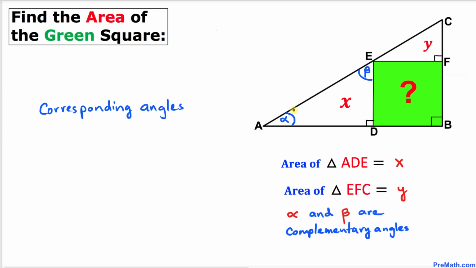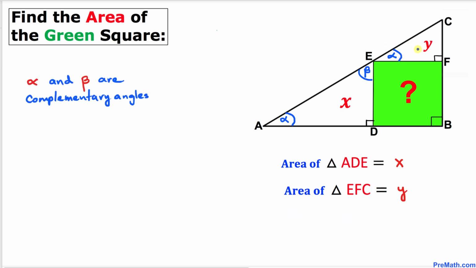And now let's observe that this angle is the same as this angle, since they are corresponding angles. So if this angle is alpha, this angle has got to be alpha as well. Now let's focus on this right triangle EFC. We know that this angle is 90 degrees, so this angle has got to be beta, since alpha and beta are complementary angles.